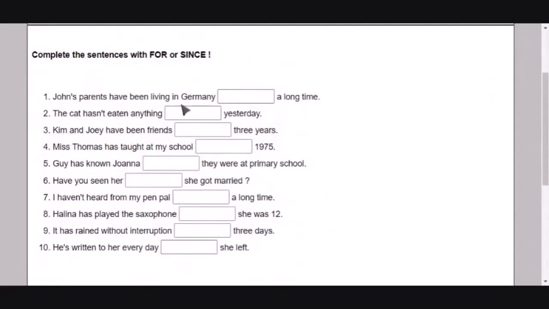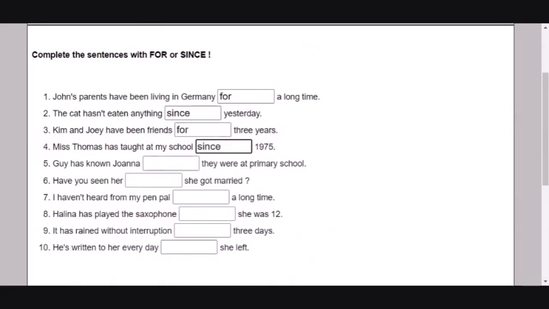John's parents have been living in Germany for a long time. The cat hasn't eaten anything since yesterday. King and Joy have been friends for 3 years. Miss Thomas has taught at my school since 1975.